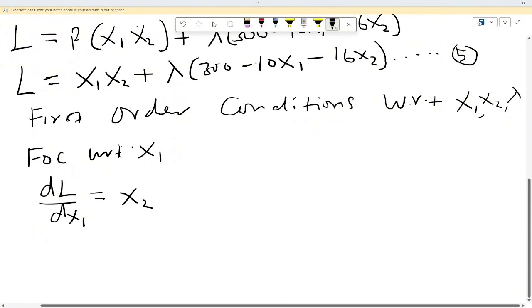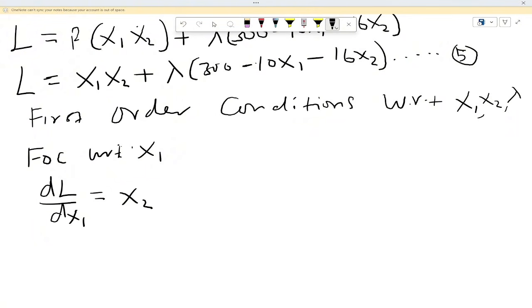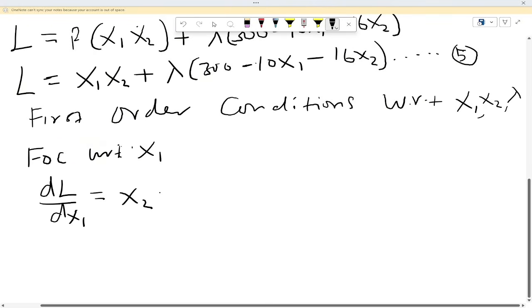And when you differentiate the other function that has lambda, every other thing assumes 0, and you are left with minus 10 lambda, because lambda will still come.